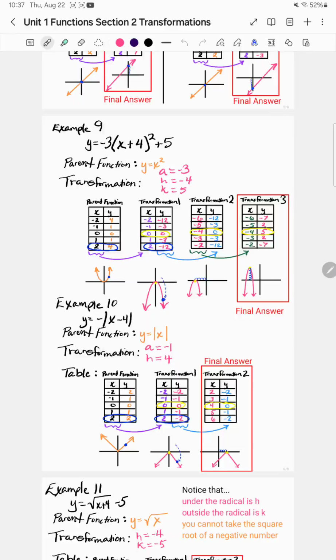And 2 times -1 is -2. So these are my changes. So I'm going to pay attention to what's happening from these coordinates. You can see how this coordinate went from 2, 2, and now it's moved down to -2.